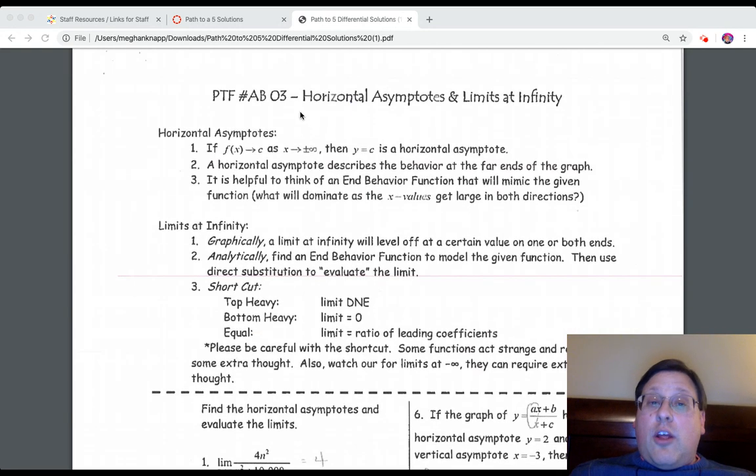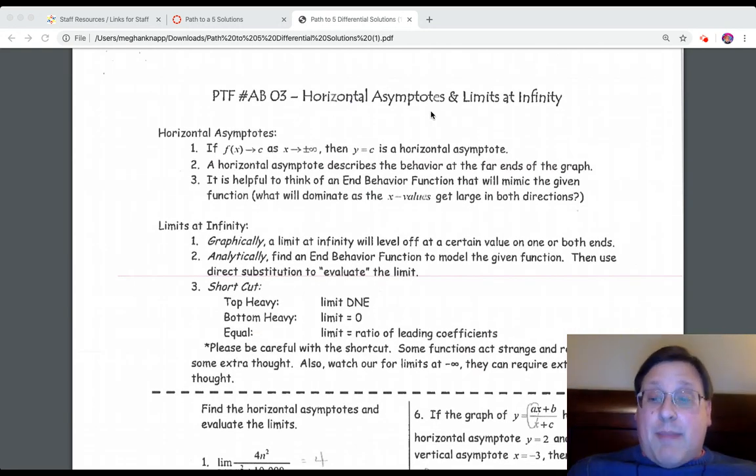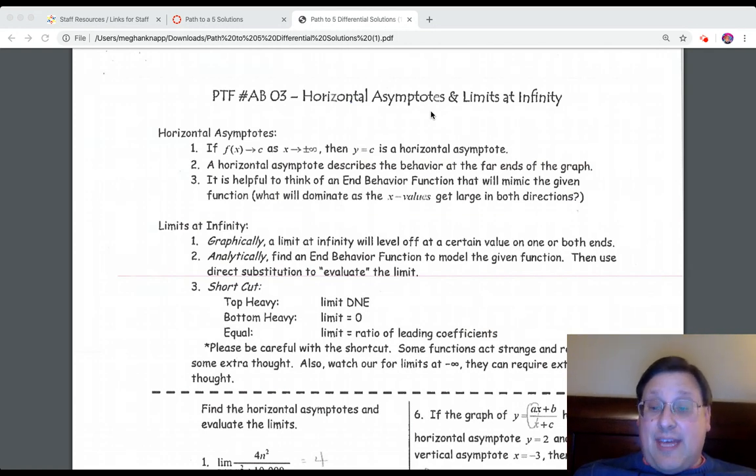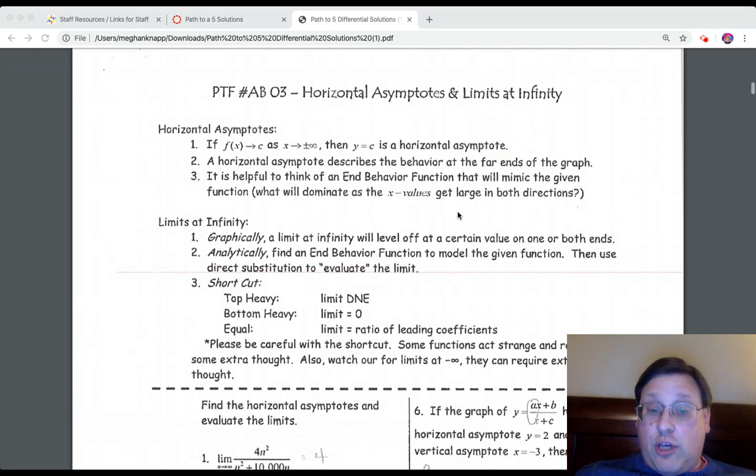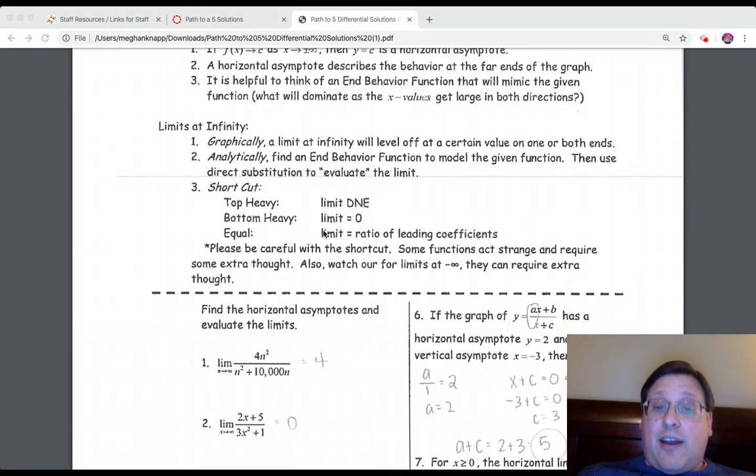Moving on, horizontal asymptotes and limits at infinity. The main thing you guys need to understand is that these are the same thing. If we have the limit as x approaches infinity and we get a number, that is talking about the horizontal asymptote. So a lot of those rules you learned in pre-calc are good. What you're really going to look at a lot is where the higher degree is.